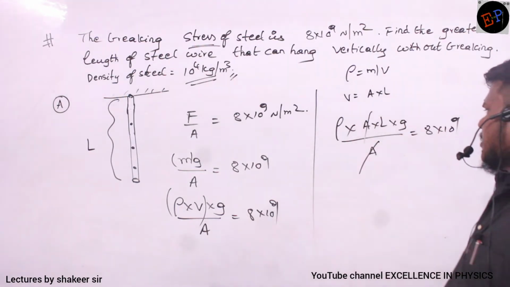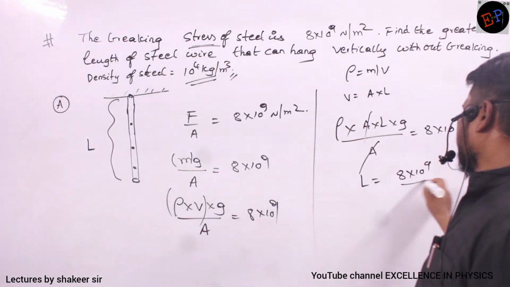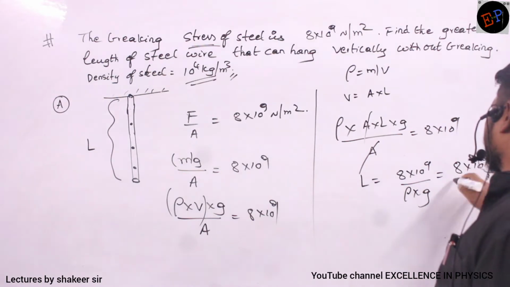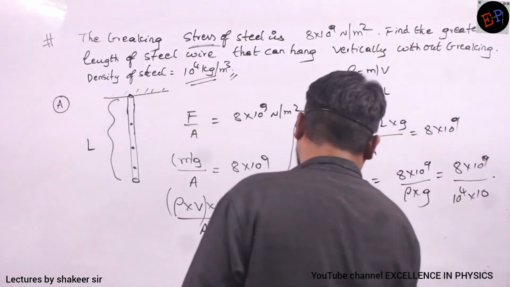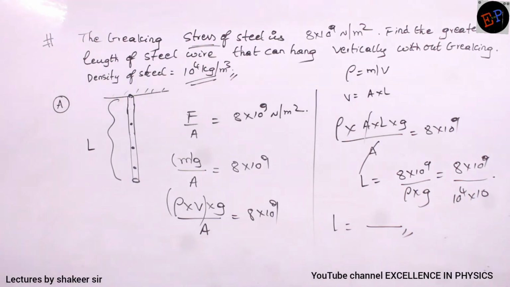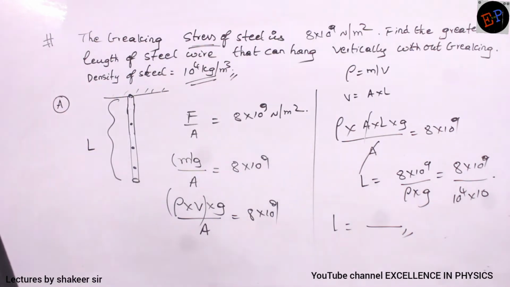Area and area will get cancelled. So L is equal to 8 into 10 power 9 divided by rho into G. Clear now? What is the density? Density is 10 power 4. G value is 10. So calculate this, whatever answer you get, that is the maximum length of the wire which I can suspend from a horizontal support without breaking.